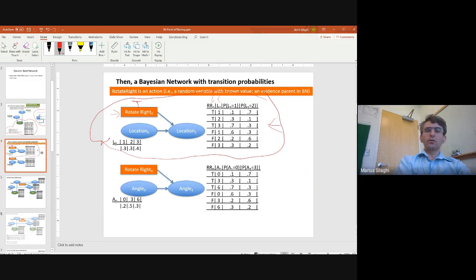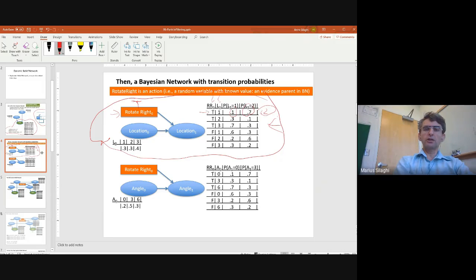If the order rotate was given and the location was 1, then you still remain in location 1 with 0.1 probability, that's 10%. Sorry. You move to location 2 with 70% probability, and you move to location 3 with 0.2 probability, 20%.